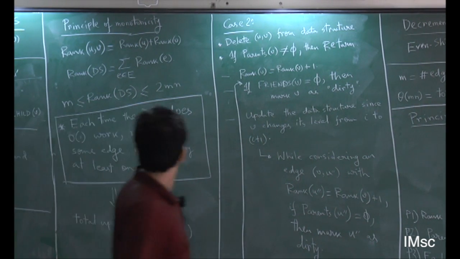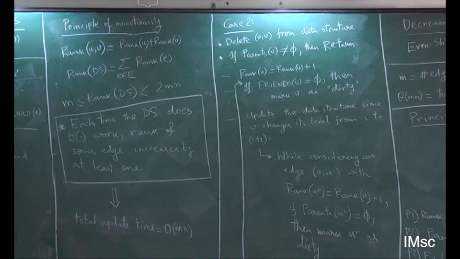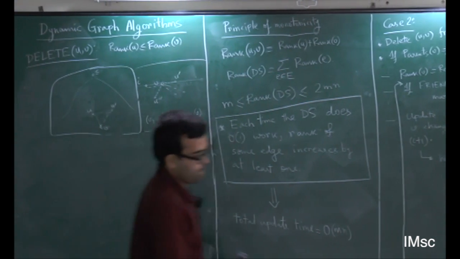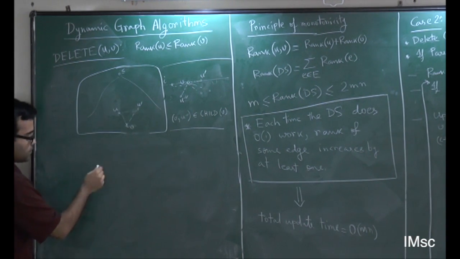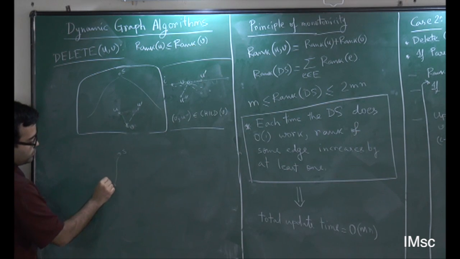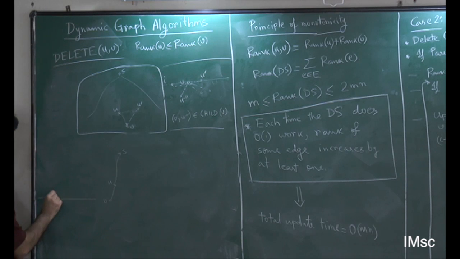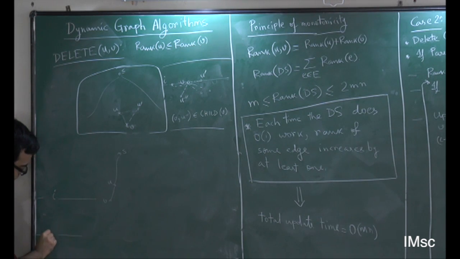So, the picture will look like this. Let me erase this part. If you want to visualize this as a figure, it looks like this. S, after the deletion of this edge u v, V was in level I and this is level I plus 1.